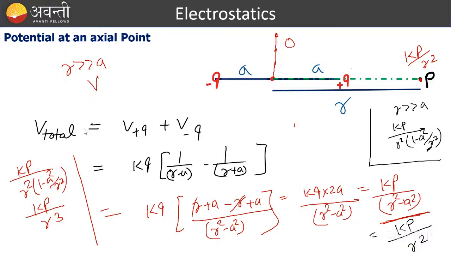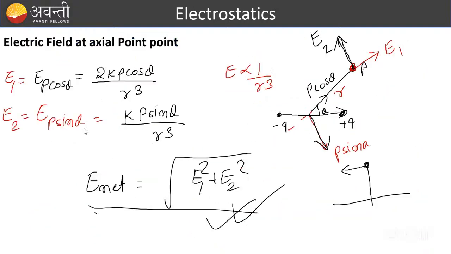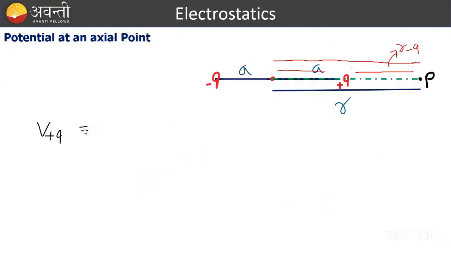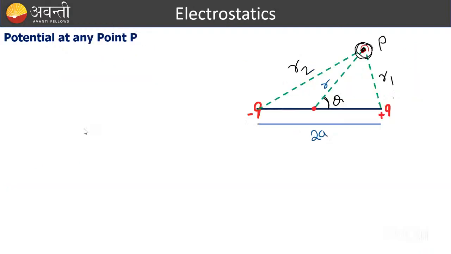Sorry, I wrote it the opposite? Yes, directly proportional to 1 by R cube, and potential is directly proportional to 1 by R का square. So these are the things. Done it? Now we will also calculate potential at any random point P. Okay?